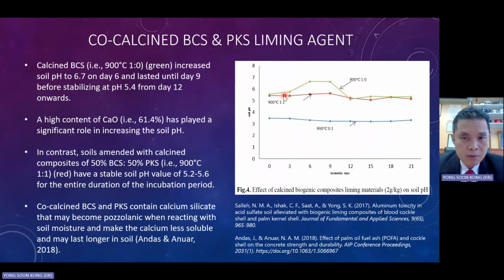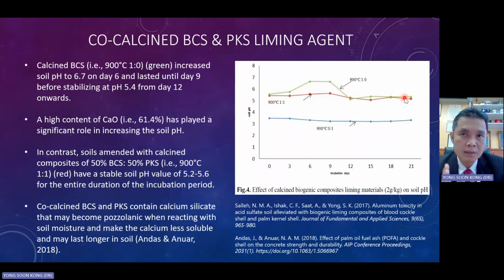However, if you compare to the red curve, that is the co-calcined blood cockle shell plus palm kernel shell, the one that contains calcium oxide with silicate, as you can see right here, the soil pH is relatively stable throughout the entire duration of the experiment.